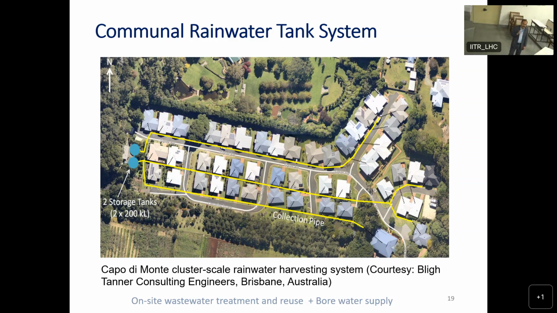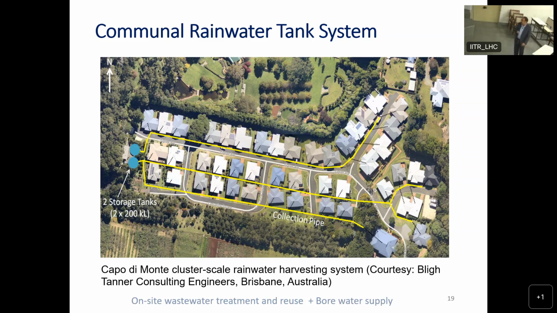Because of the variation in rainfall pattern, there can be a particular year where the water needs additional supply from outside. And this development is far away from any pipe system.